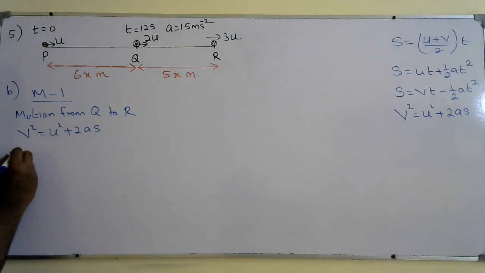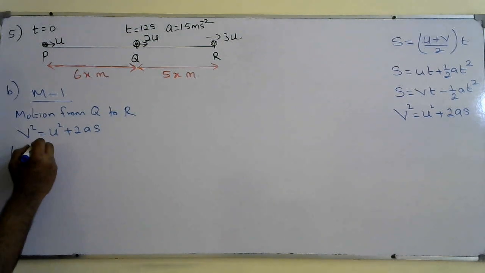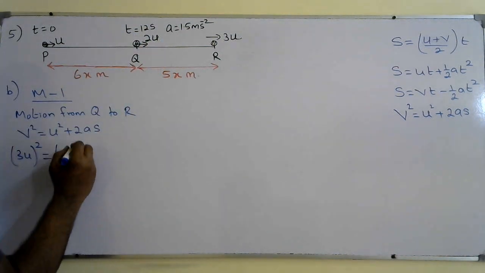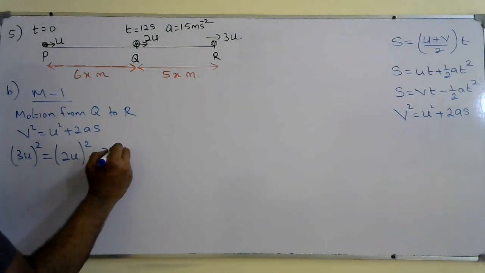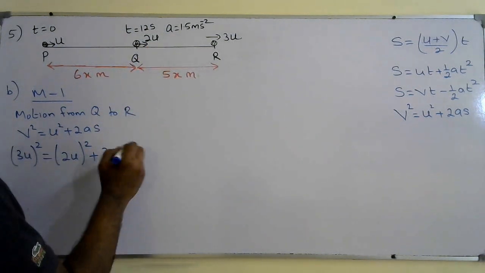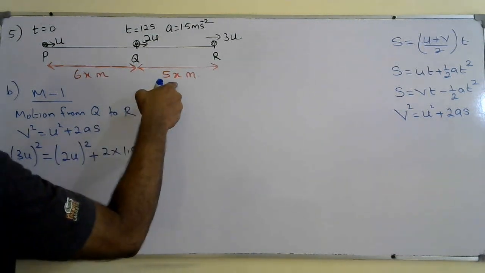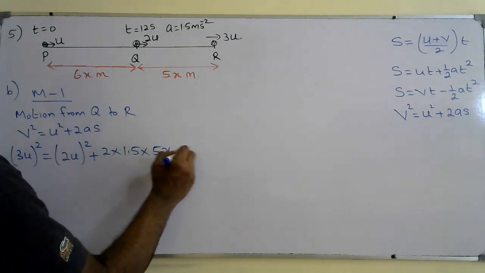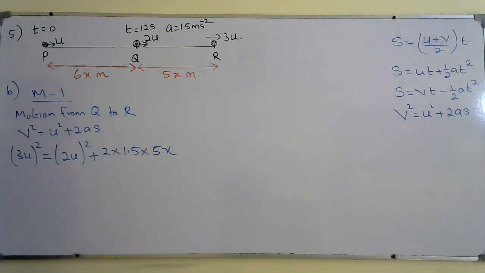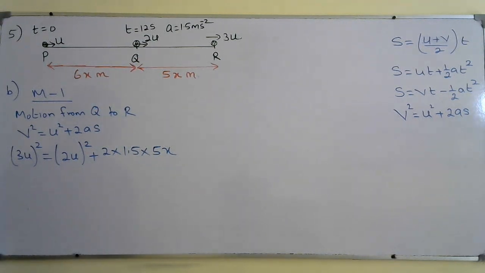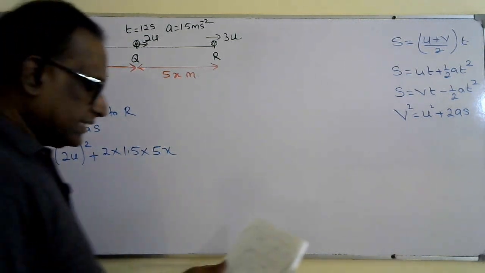v squared is 3u all squared. The initial velocity is 2u, all squared, plus 2 times the given acceleration 1.5, into the distance traveled, 5x. Directly we will get a relationship between u and x. We already found x equals 3u, so we can solve it this way.